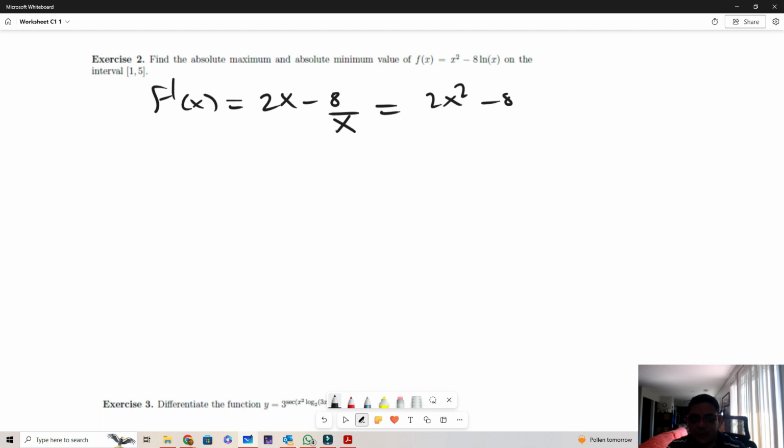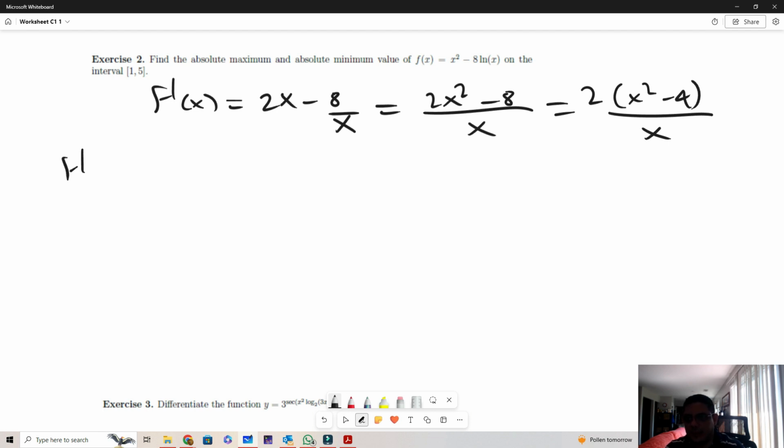So we organize this function a little better. This is 2x squared minus 8 over x, or I can factor out the 2, and this is x squared minus 4 over x. So f prime of x equals 0 implies that the top is equal to 0.